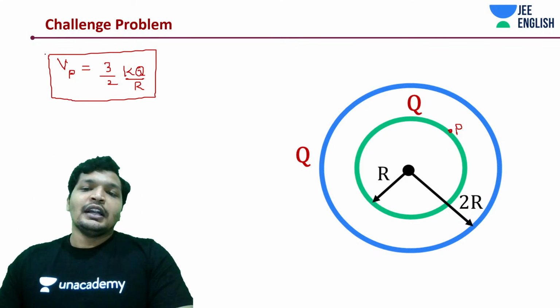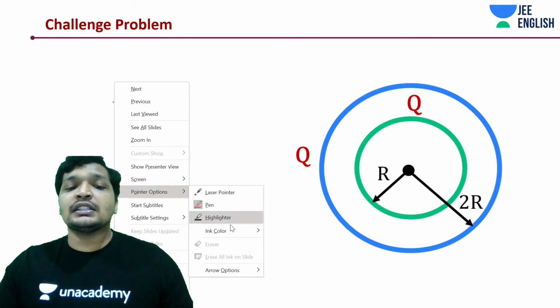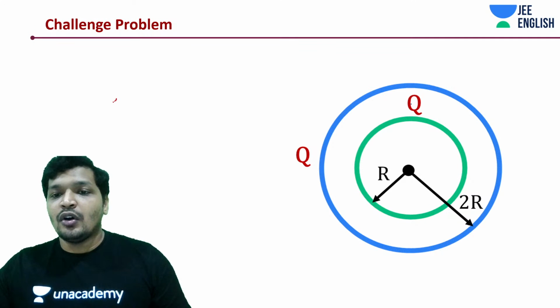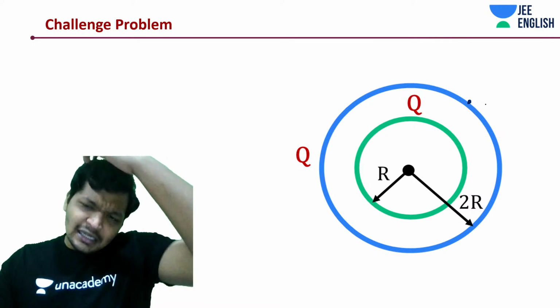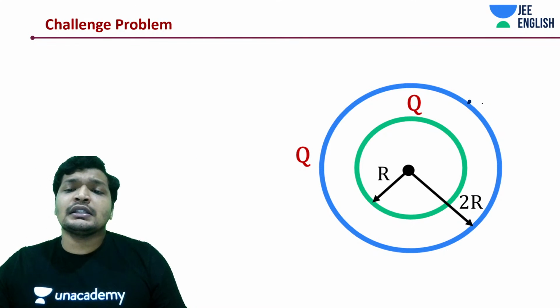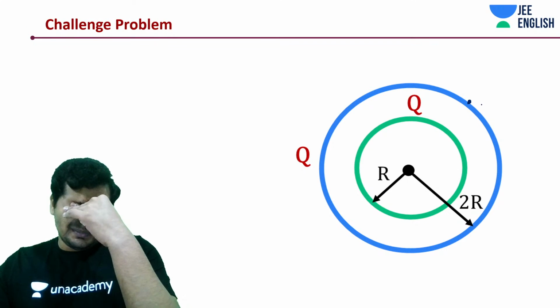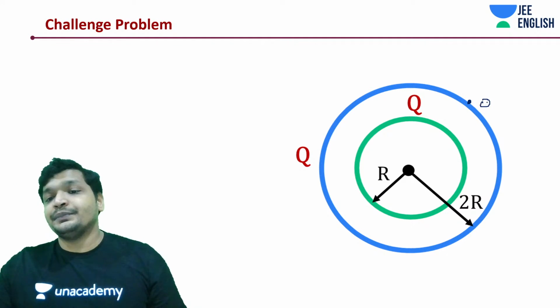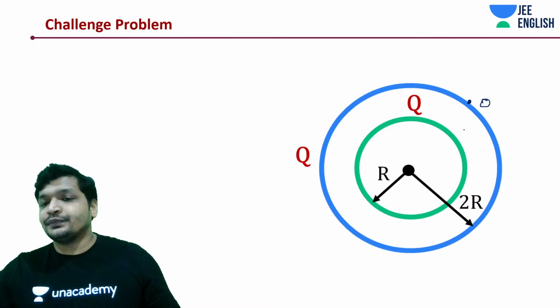Okay, very good. Now what about the surface of the larger sphere? Let's call this point O. Now what is the potential at O?